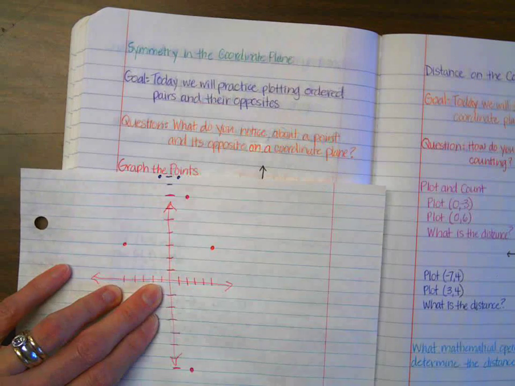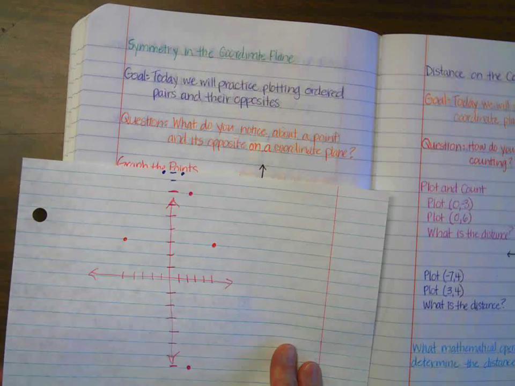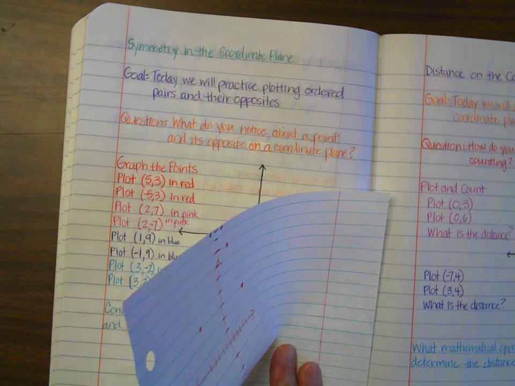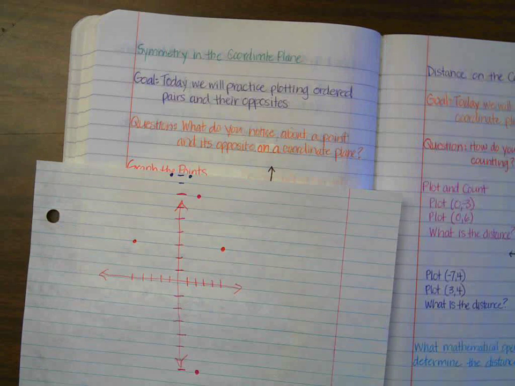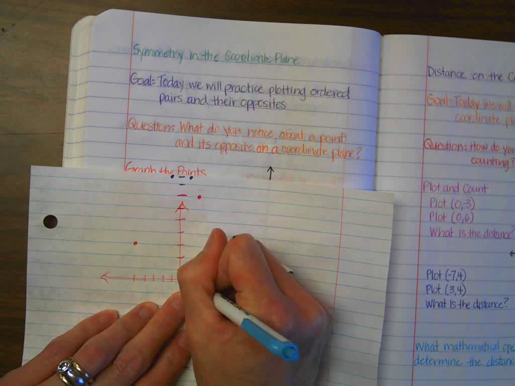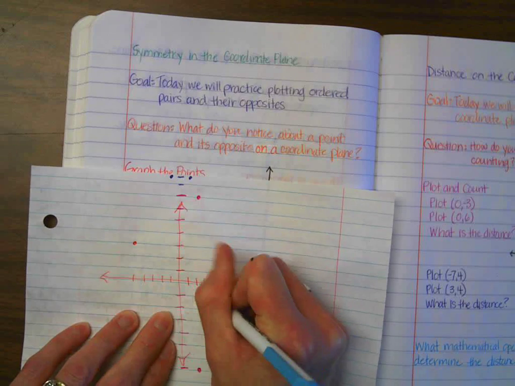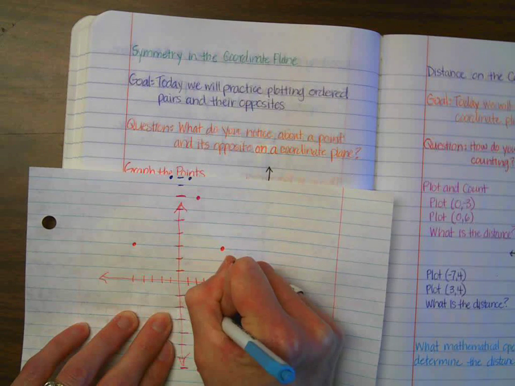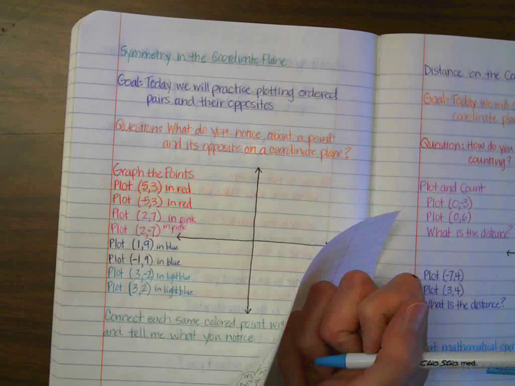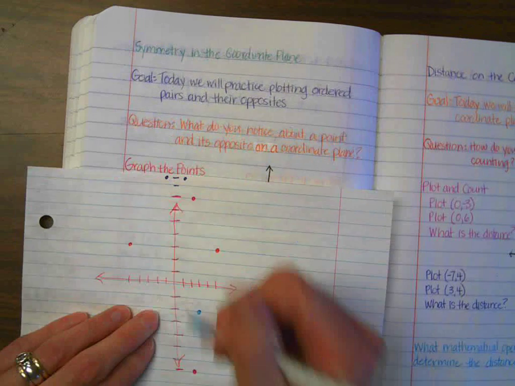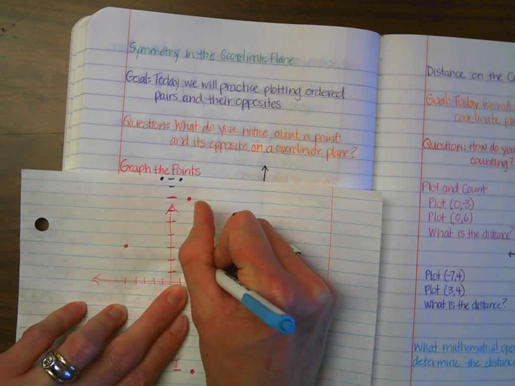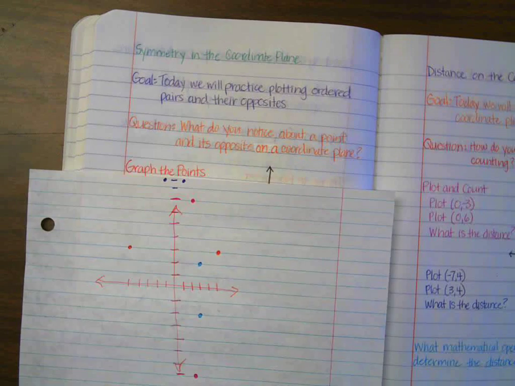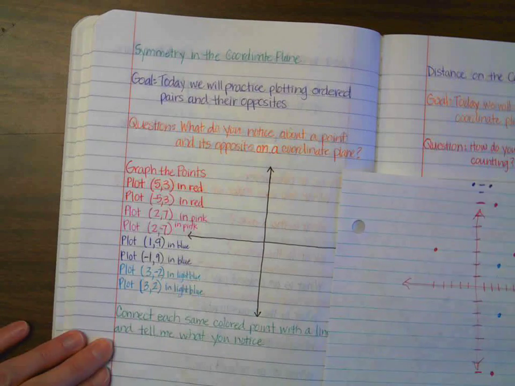The last one says in light blue 3, -2. I'm going to go to the right 3 and down 2. Then it says 3, 2, so I go right 3 and up 2. Now I have them all plotted like it says.